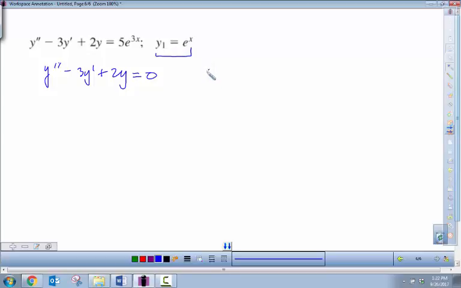So we're going to assume that y2, well, let's just say y, is going to equal u times e to the x. So u is going to be a function that we're going to find, and then we're going to multiply this by e to the x.